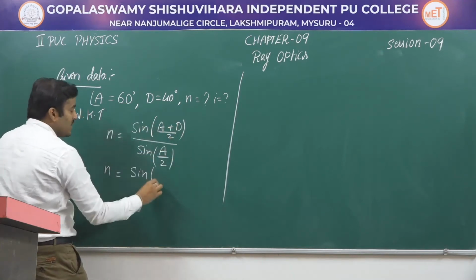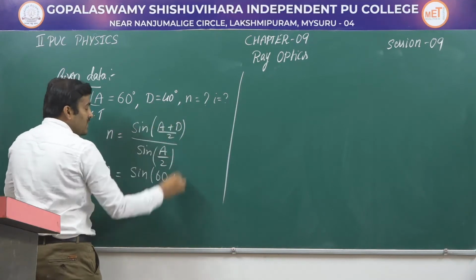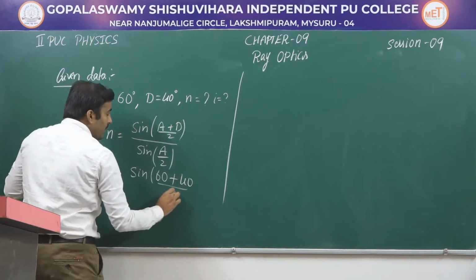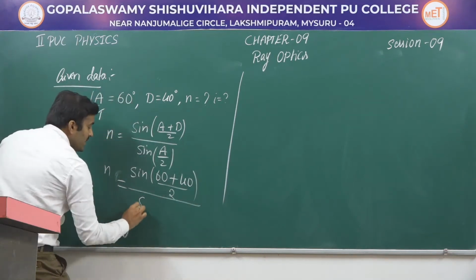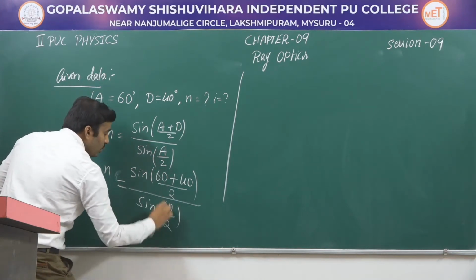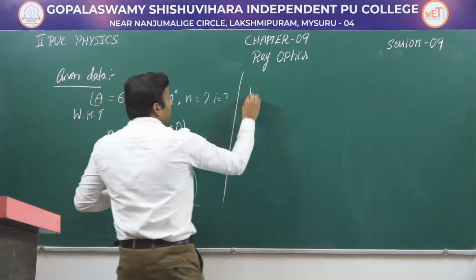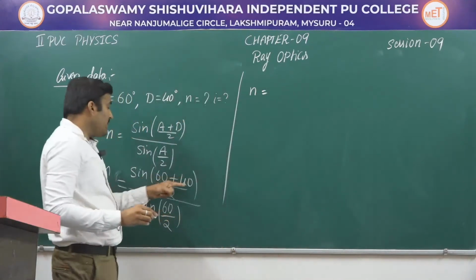The angle of the prism is 60 degrees, so this is 60 plus the angle of minimum deviation 40, divided by 2, whole divided by sine of A by 2, that is 60 by 2. So let's continue further. n is equal to sine of (60 plus 40) by 2.